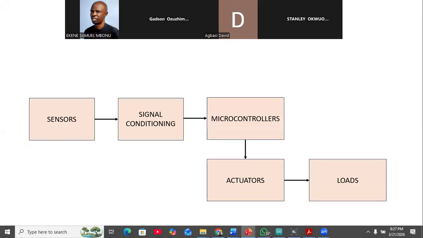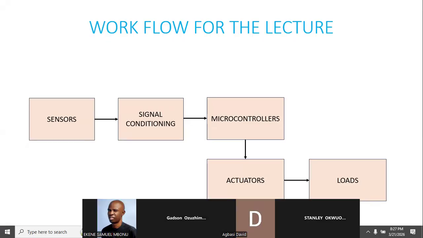So far, we have looked at sensors. Yesterday, the students from POT made a presentation on sensors.